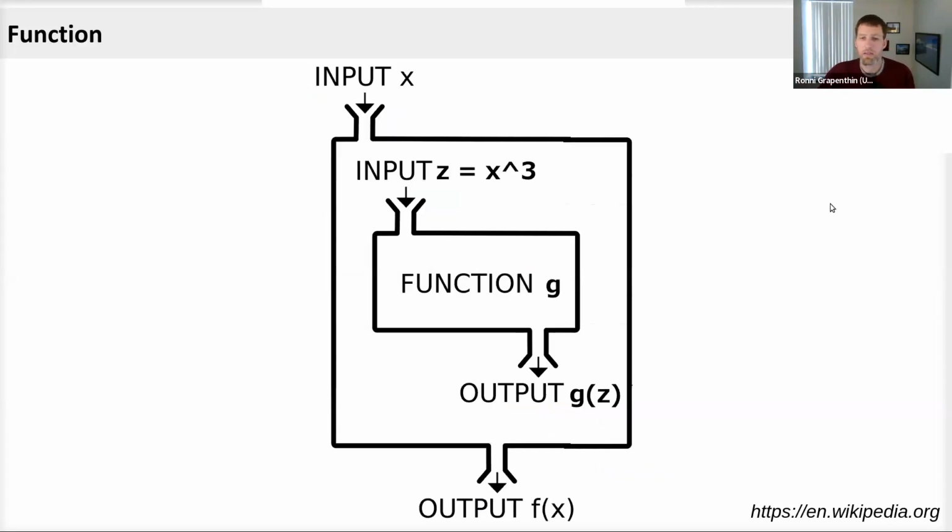So this is the other example here, where we have an input x that first gets converted into an input z, which is x cubed here, and then that goes into a function g, and this now becomes the output g of z, and we don't know what g is actually doing to this input. All we know is that our original user given x gets cubed, and then g does something with it, and eventually we have some output f of x.